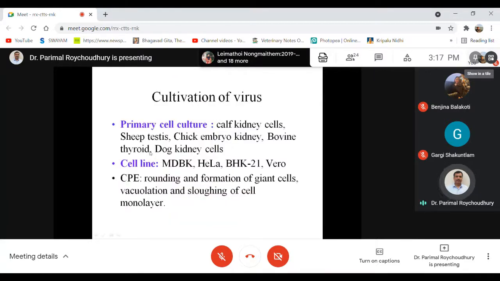And by using effective vaccines grown in primary cell culture, as well as in some cell lines, the Vero cell adapted vaccines became the most crucial in eradicating this particular disease.